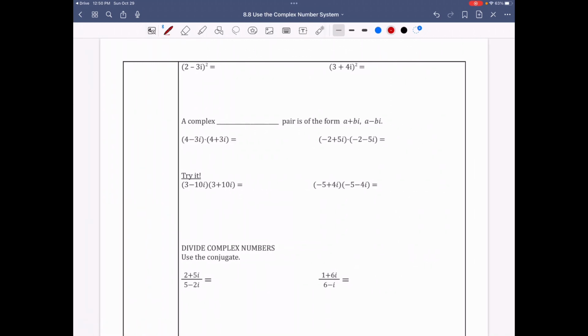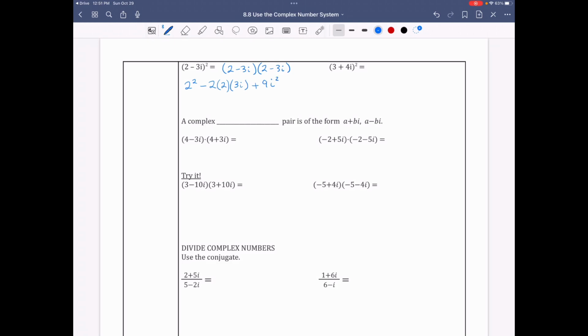For these examples, we have a binomial squared, and so that's going to be expanded as 2 minus 3i times 2 minus 3i. We can use the perfect square trinomial. So a squared, that's going to be 2 squared. It's a minus, so minus 2 times a times b plus b squared, which is 9i squared.